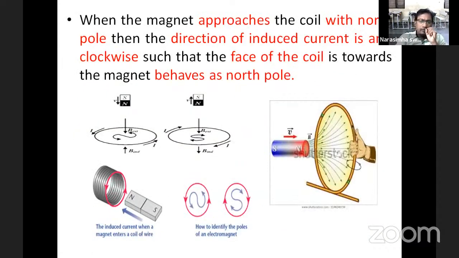And finally, the conclusion of this concept is: when the magnet approaches the coil with the north pole, the direction of induced current is anti-clockwise.